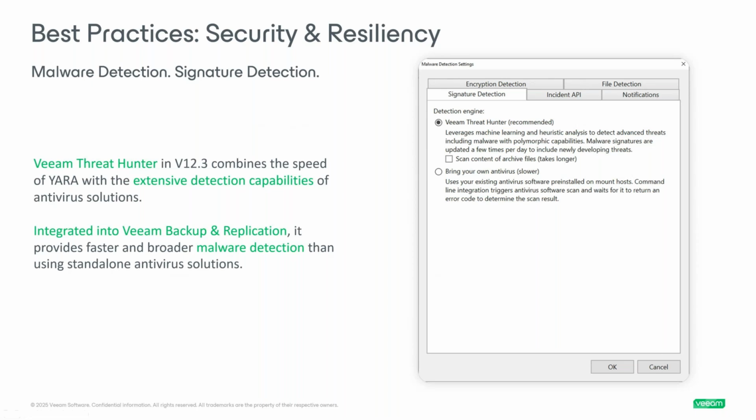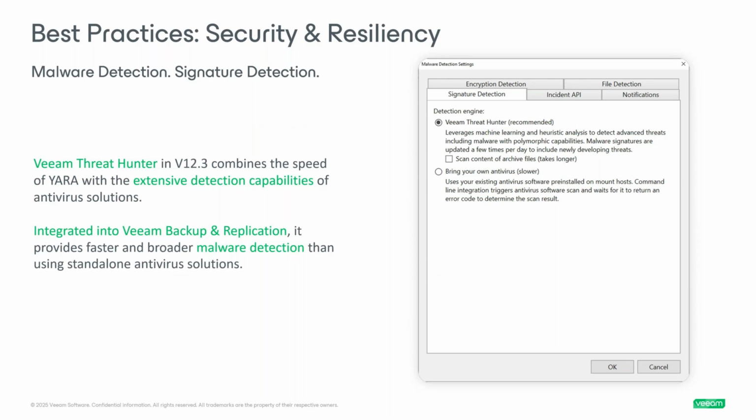With Veeam 12.3, we have Veeam Threat Hunter, which is a signature-based scan engine that is provided by Veeam. You can use it as an alternative to a third-party antivirus software to scan the restore points.